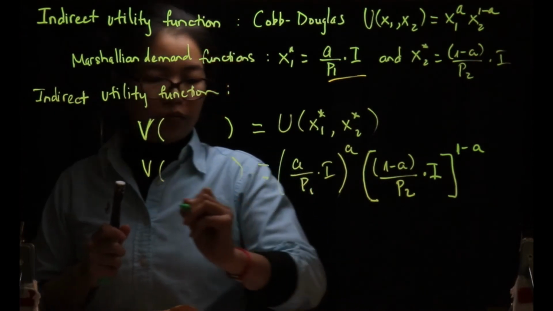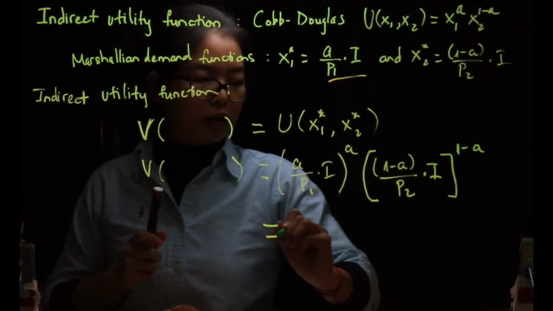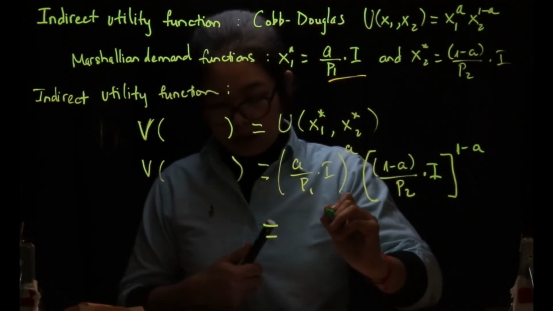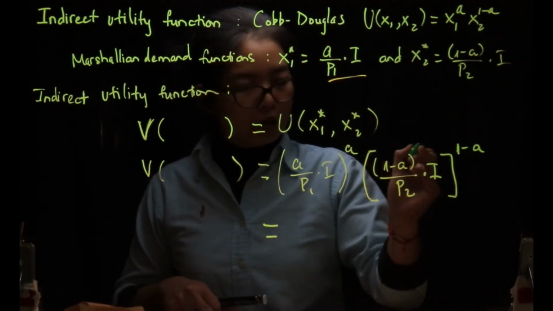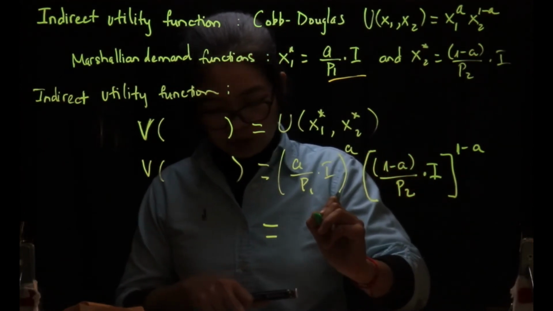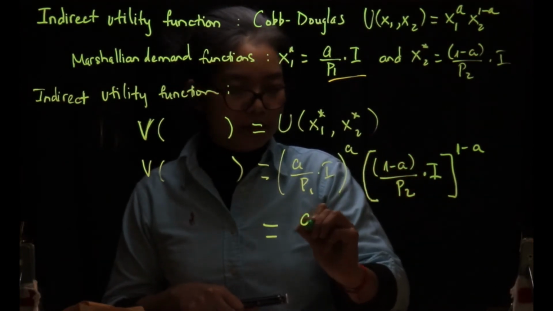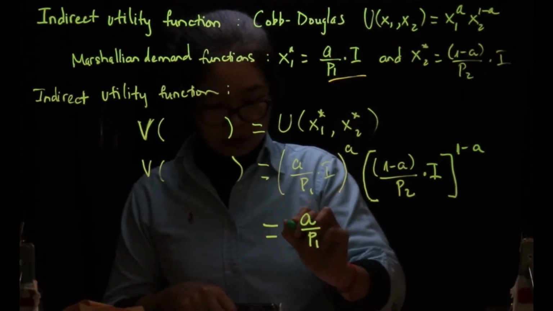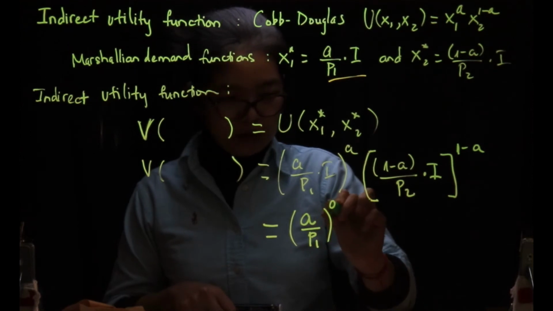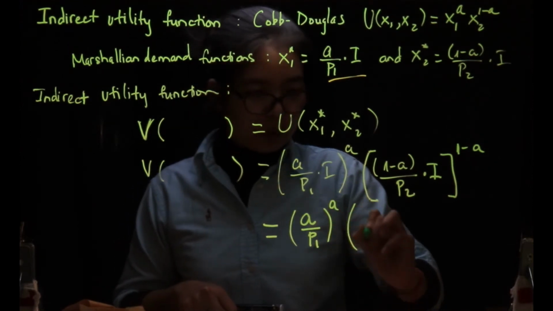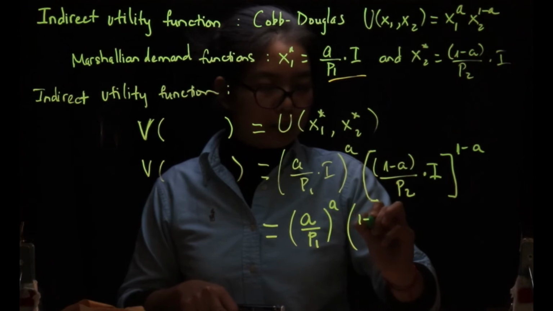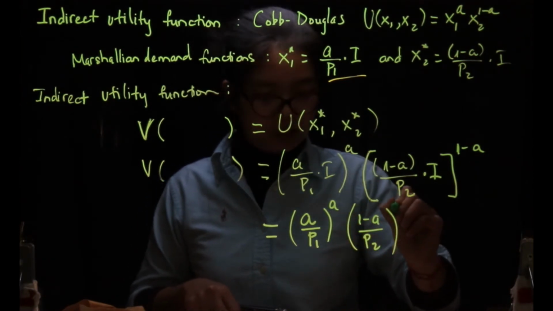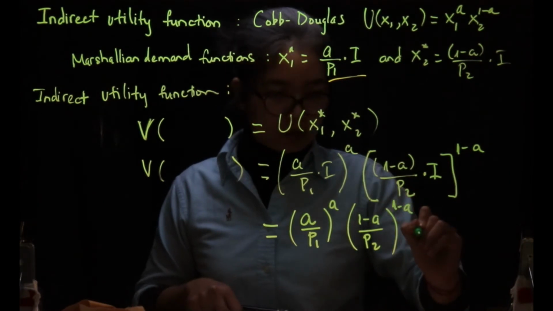And now we can simplify everything. Let's rearrange it a bit. So we have A over P1 to the power of A. And then 1 minus A over P2 to the power of 1 minus A. And what else?